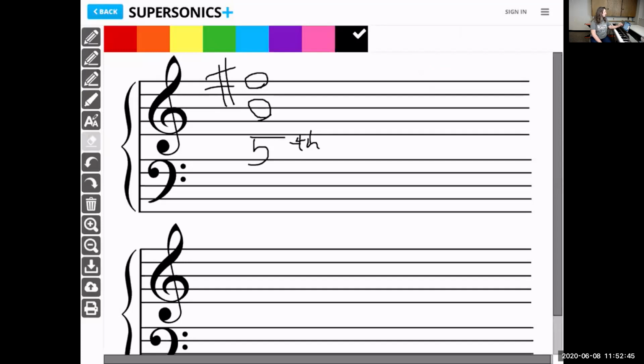You can just write 5. Okay? So if you write that much, you're guaranteed to get half of the problem correct. So now I have to, again, think about my bottom note and my scales.